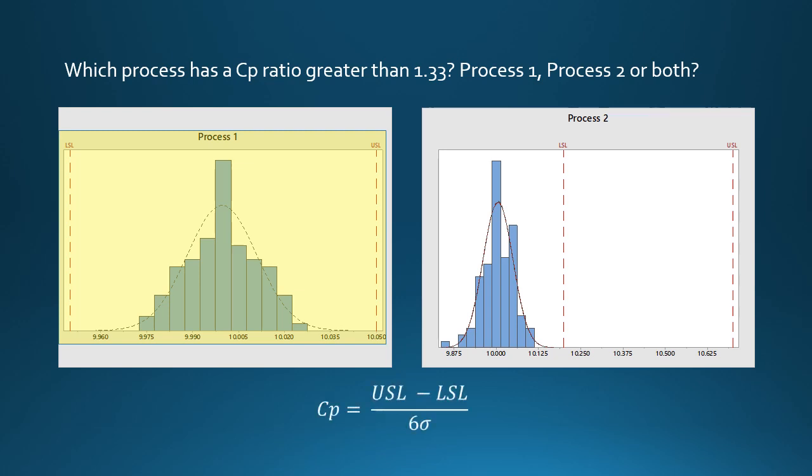This is because CP only compares tolerance with the process spread, but doesn't take into account where the process is centered. In fact, if there is only an upper or lower specification limit, CP cannot be calculated. CP simply describes the best a process could do if all instability were removed and it was centered between the upper and lower specification limits.